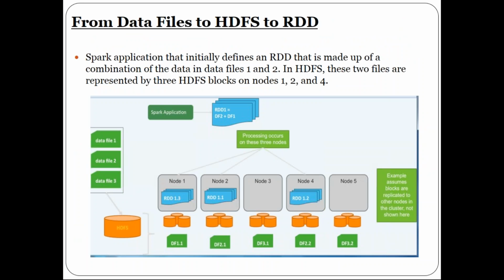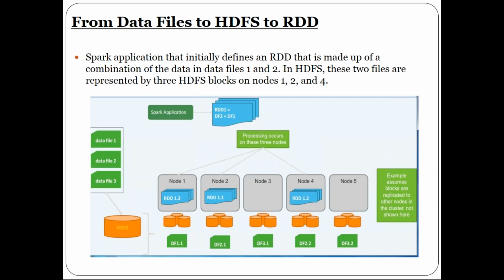Now this is the second area where we need to focus and understand, from data files to HDFS, from HDFS to RDD. Guys, look at the diagram, try to understand very carefully. Your HDFS has got three data files, which is data file 1, data file 2, data file 3.